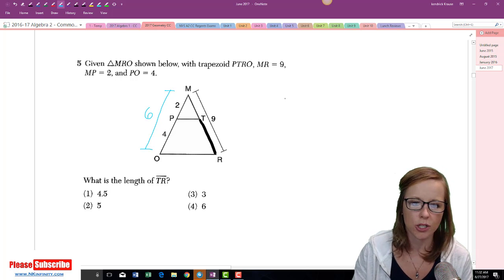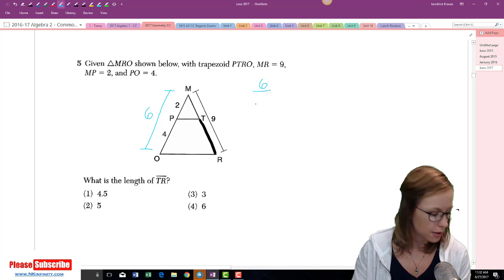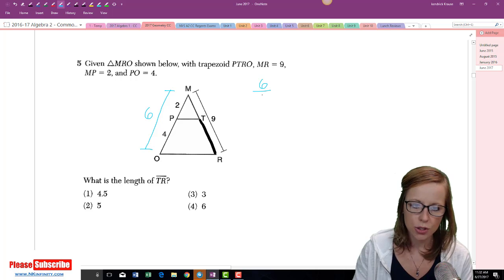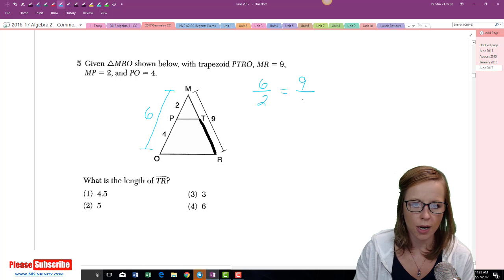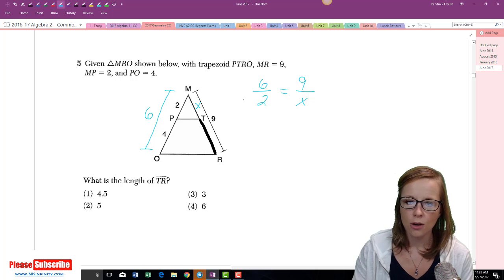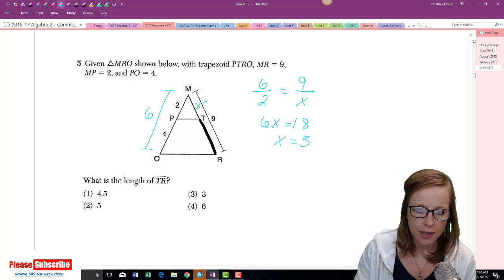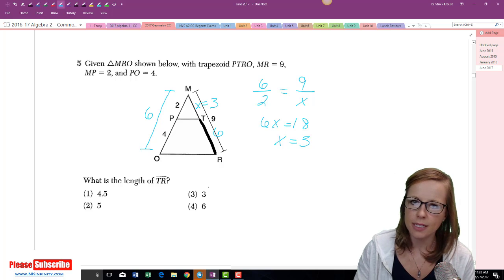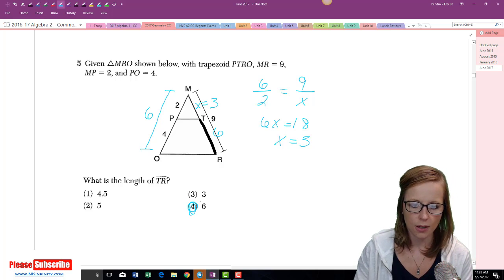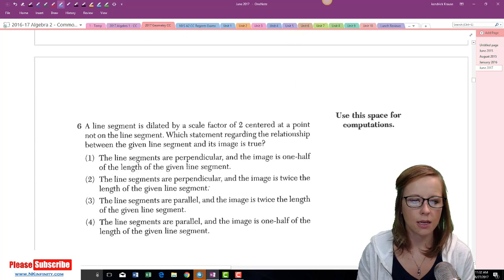So I set up a proportion of the big triangle, 6, over the small triangle, 2, is equal to the big triangle, 9, over the small triangle, x. That's going to be this piece, okay? Cross multiply, 6x equals 18, so x is equal to 3. Well, if that part is 3, then that means T to R is 6. There you go.